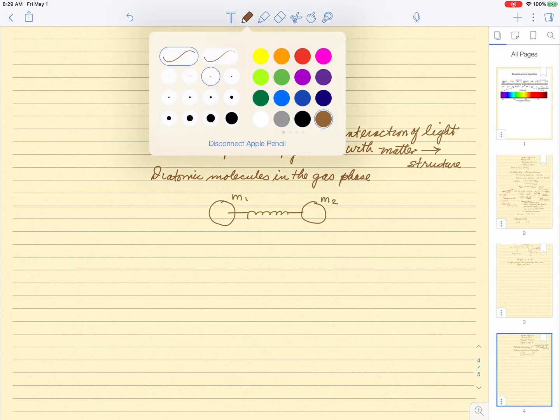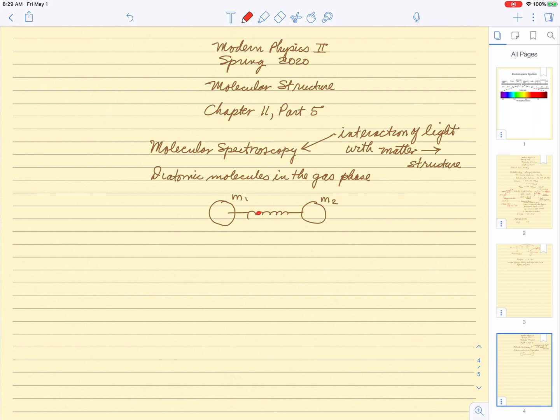There will be a center of mass, I'll call it COM, and we'll usually center our coordinate system on that center of mass. And so there'll be a distance to mass 2, which is going to be R2, and a distance to mass 1 we'll call R1. Okay, so that's the picture that we're going to use.